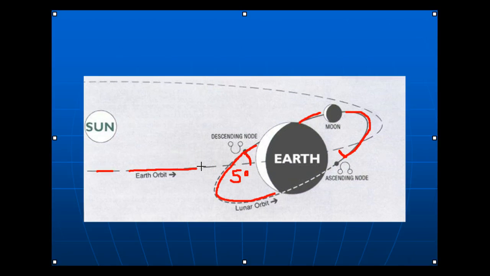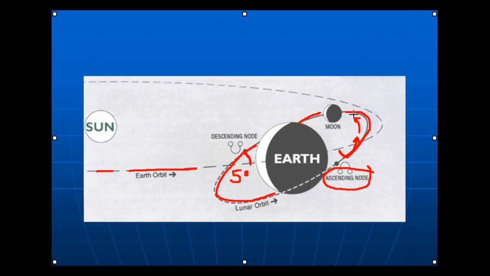Now, because of that angled orbit path, the moon moves up or ascends in its orbit path. And you'll see here that they have this thing called an ascending node. So what happens now is the moon starts to get progressively further above that flat plane as it goes this way, and eventually gets to the top of it here at its orbit.